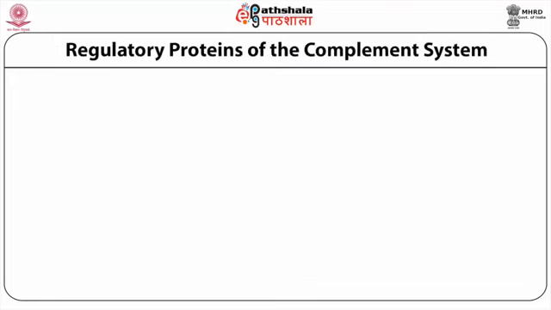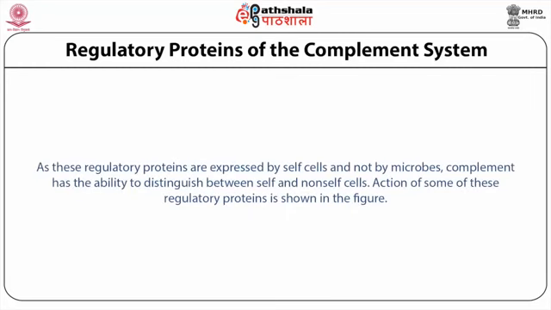This slide shows various regulatory proteins of the complement system and their function. As these regulatory proteins are expressed by cells and not by pathogens, complement thereby has the ability to distinguish between self and non-self cells.